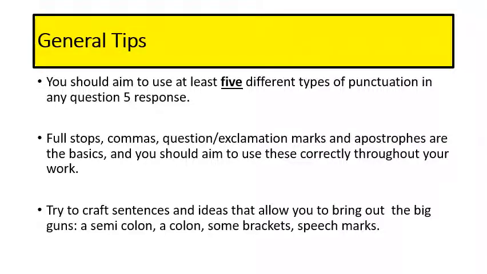You always need to keep in mind, as you're writing things, that you should be able to craft your sentences to give you the opportunity to use a semicolon or a colon. These things don't happen automatically. You need to think about how to lead your work into, for example, a short list or a compound sentence that allows you to use a semicolon.